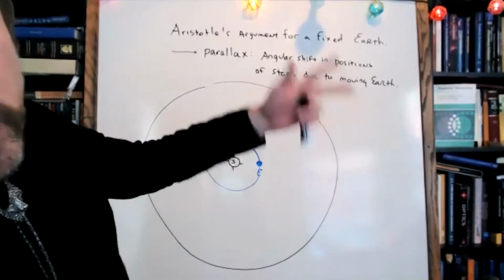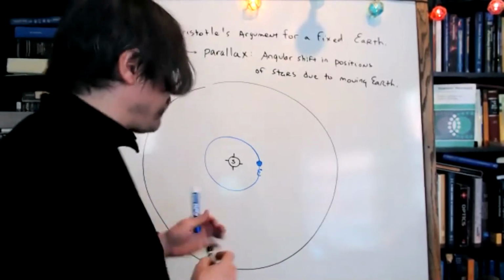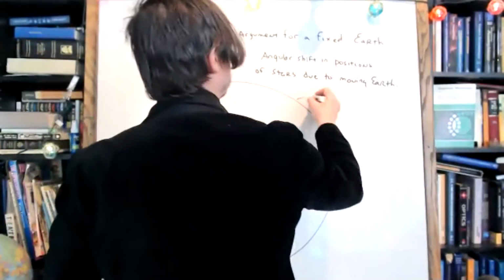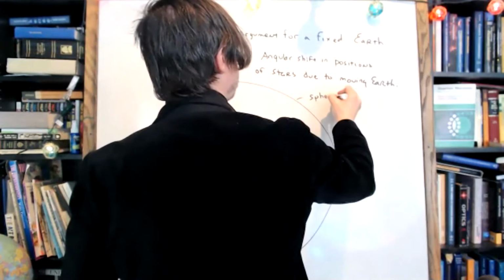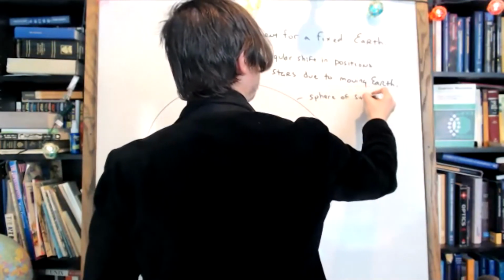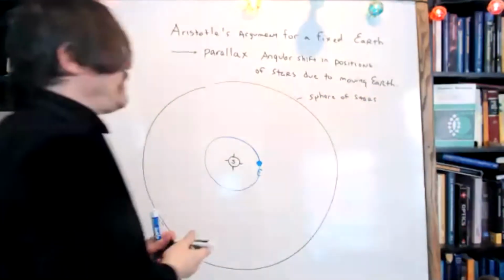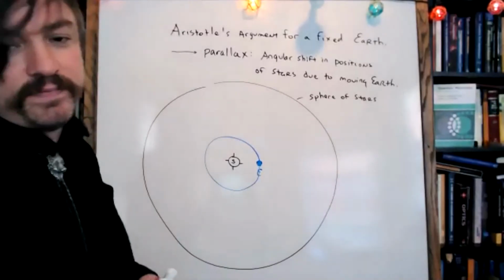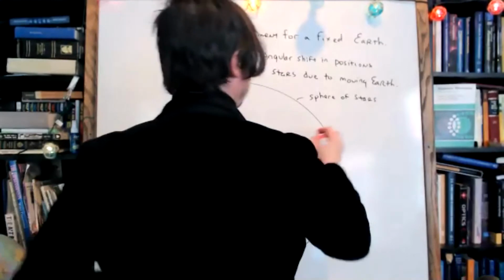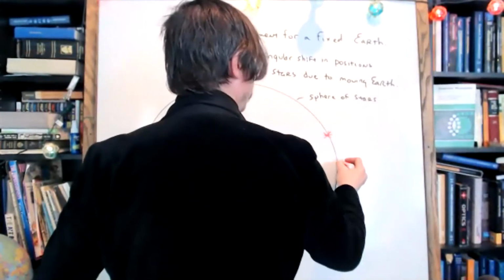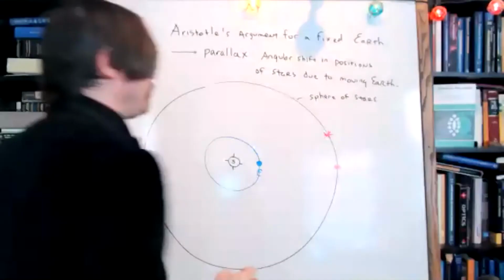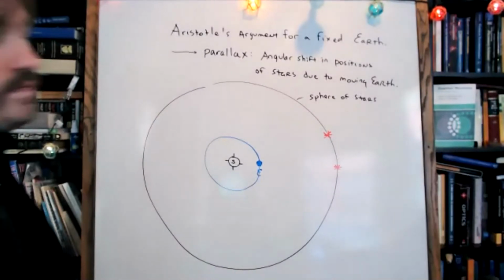Consider, he said, the orbit of the Earth relative to the background sphere of stars. And let's take two stars, for example. Let's make them some red stars. And let's put them here, somewhere on the sphere.